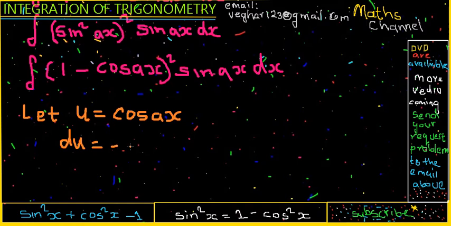Now when you derive this one, it's what? A, the derivative of the inner function.